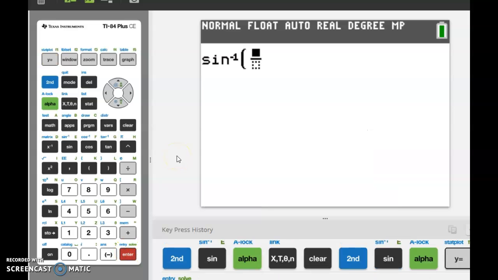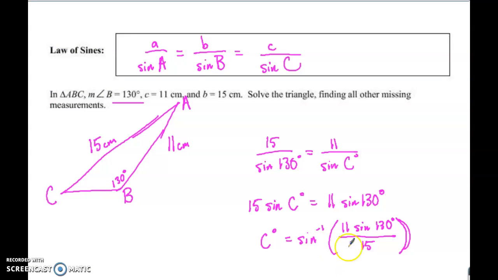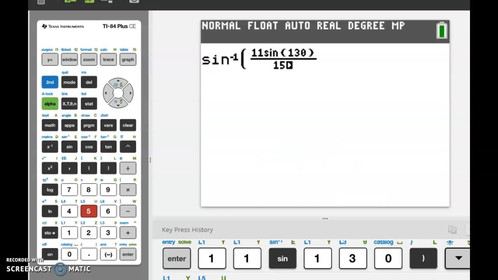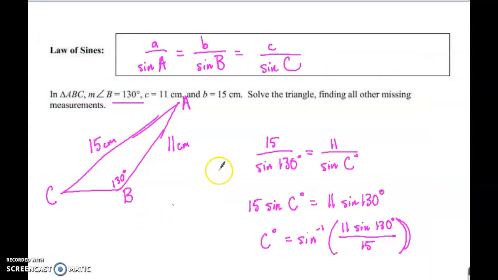I don't know how your calculators work, but it'd be 11 sine of 130 over 15. Let me just double check I wrote that correctly. 11 sine of 130 divided by 15. I don't think you have to close a parenthesis, but you might as well. Hit enter, and it'll give you the correct answer of 34.178 degrees.